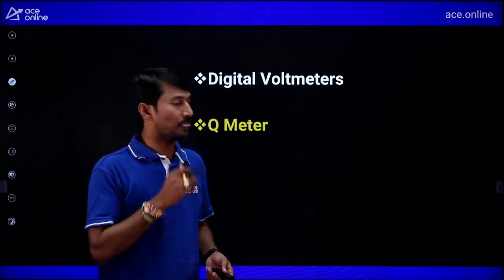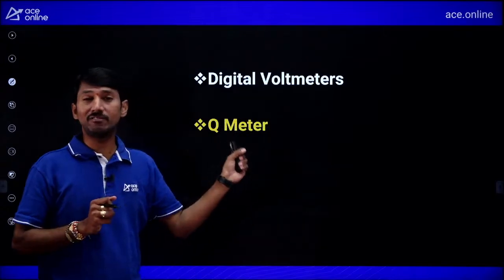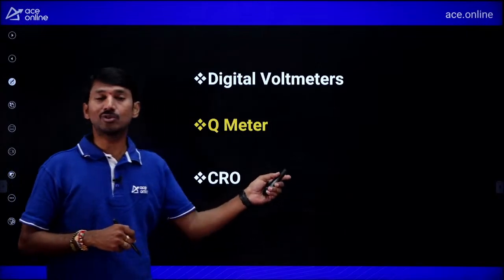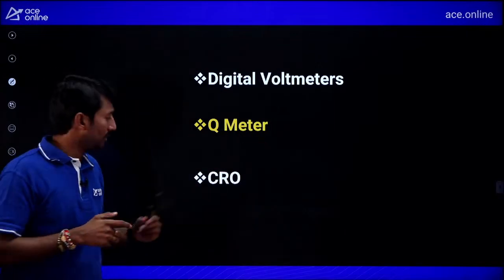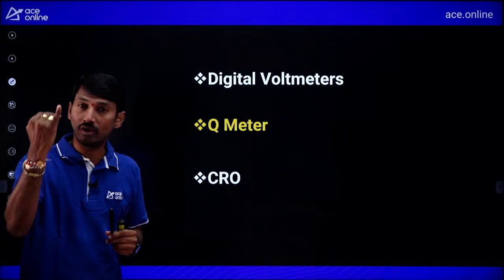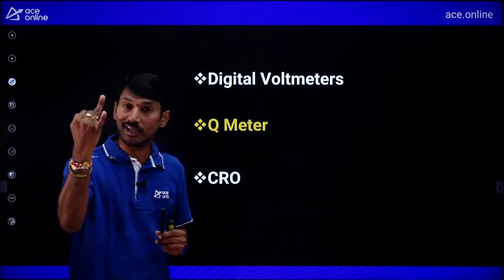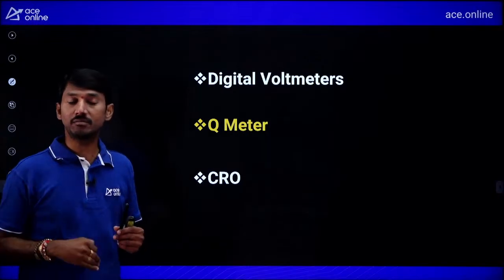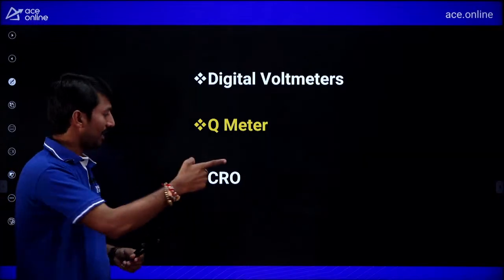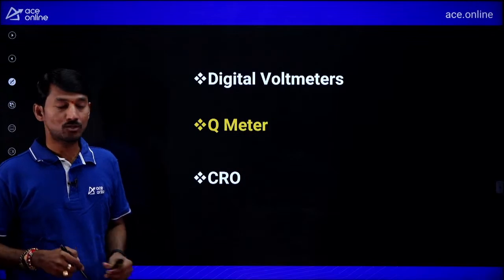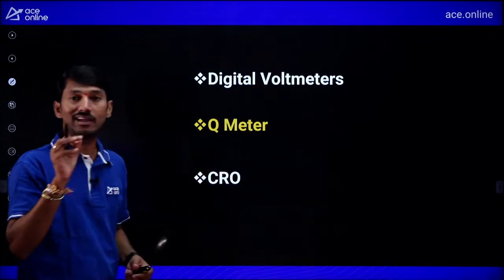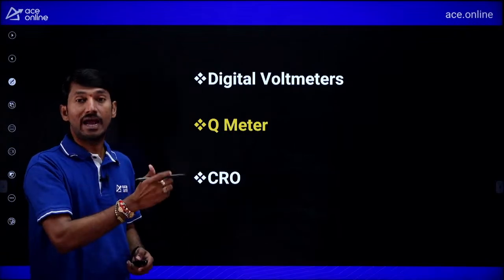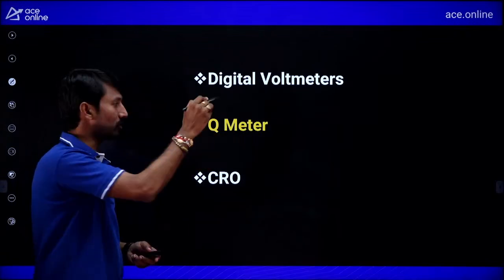And after that, Q meter, a quality factor measuring device, and then CRO, cathode ray oscilloscope. With this, voltage measurement, and then time measurement, based on that frequency measurement, and then phase measurement, everything will be studied. So this is the entire GATE electronic syllabus, and ESE electrical and ESE electronics also.